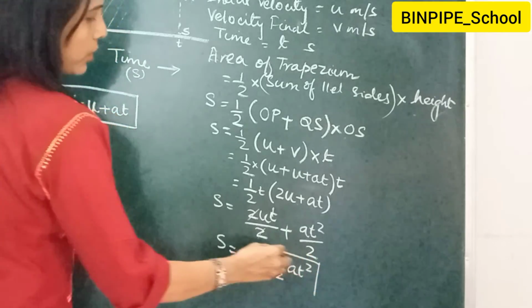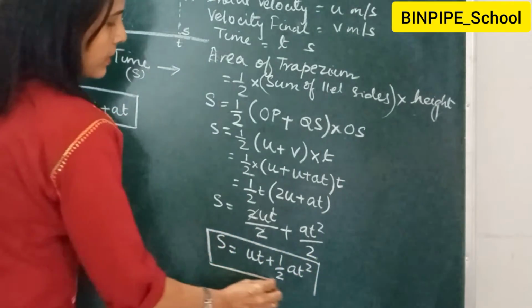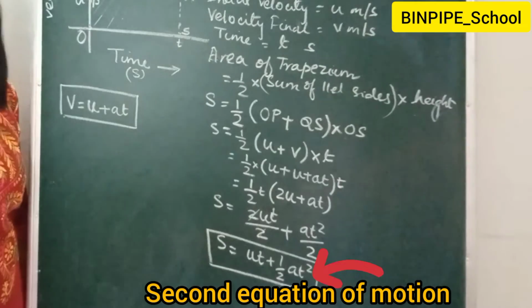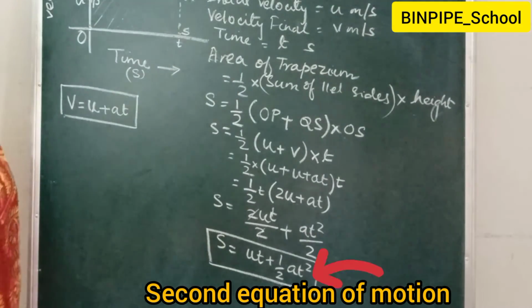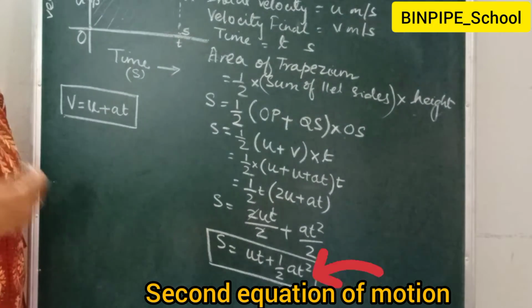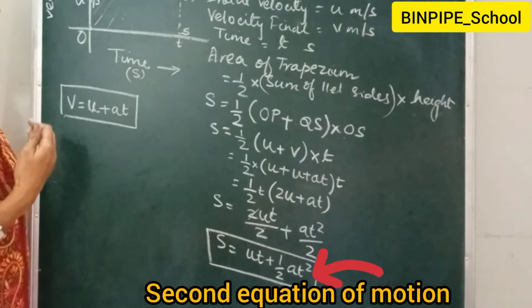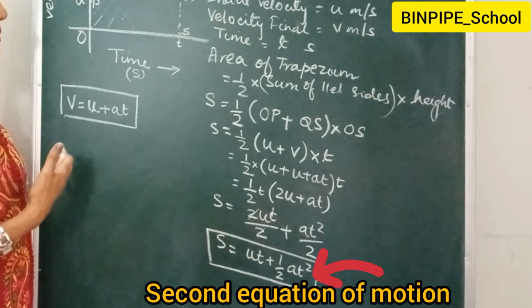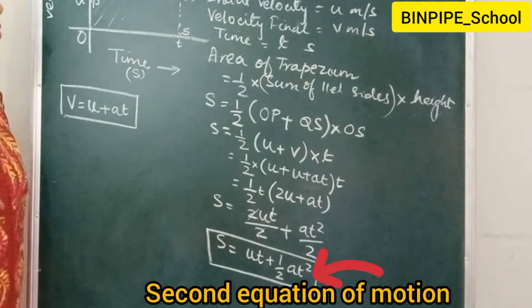So this is what is called the second equation of motion, and this is how we can derive it using the graph, and especially the trapezium is the one that helps us to give the formula.